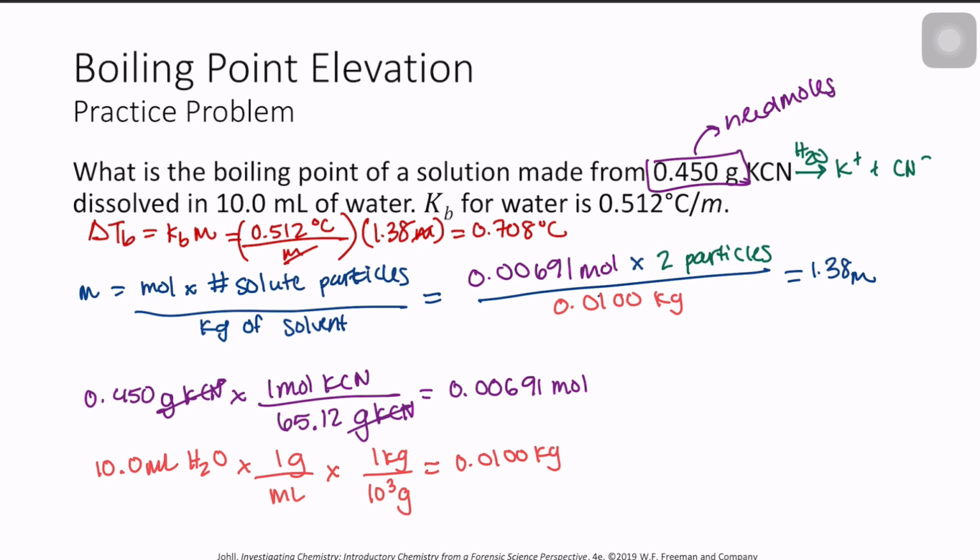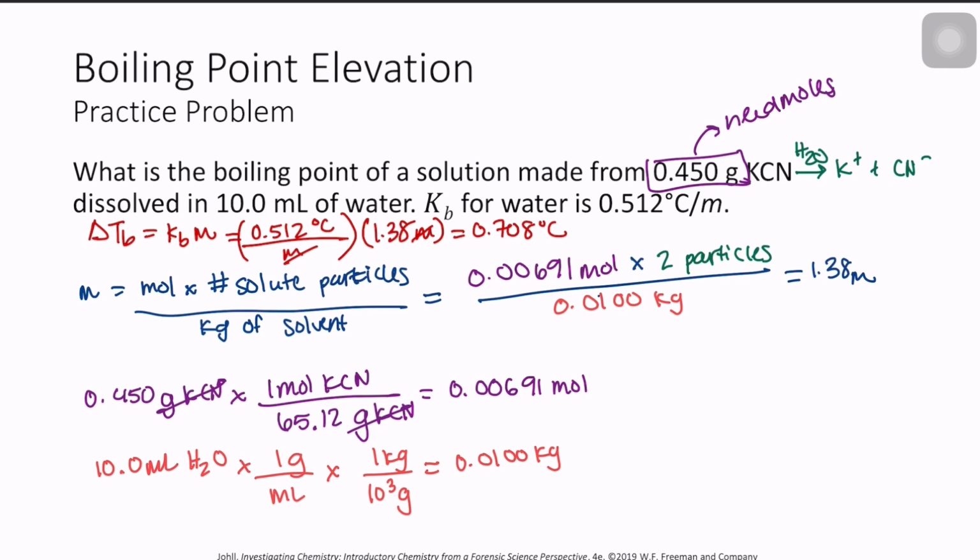Now, this is very important. This is not the answer. The boiling point of this solution cannot be 0.708 degrees Celsius. That's almost freezing. And boiling for water is 100 degrees Celsius. So I know it has to be more than 100 degrees Celsius. This only solves for the change in the temperature, not the boiling point.